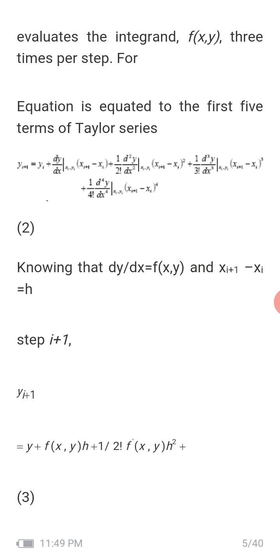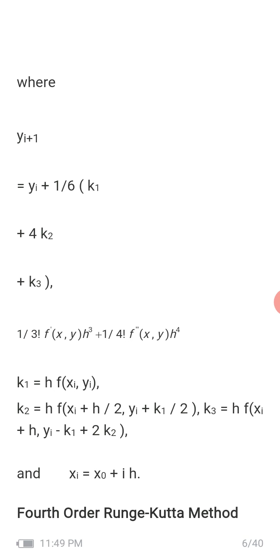For the step i plus 1, that is y(i+1) equal to yi plus f(x, y) into h plus 1 by 2 factorial into f dash(x, y) into h square, where y(i+1) equal to yi plus 1 by 6 into (k1 plus 4k2 plus k3) plus 1 by 3 factorial into f double dash(x, y) into h cube plus 1 by 4 factorial into f triple dash(x, y) into h power 4, where we use the following formulas to find the values of k1, k2 and k3.